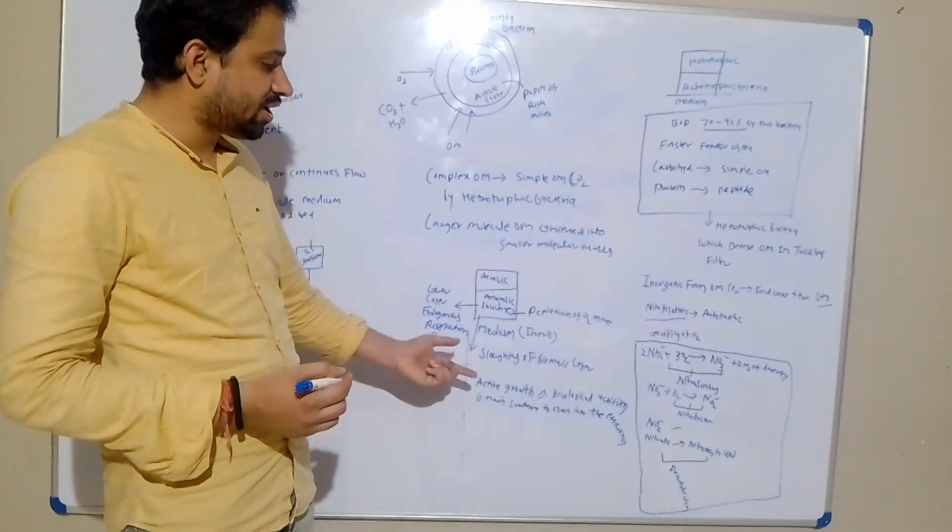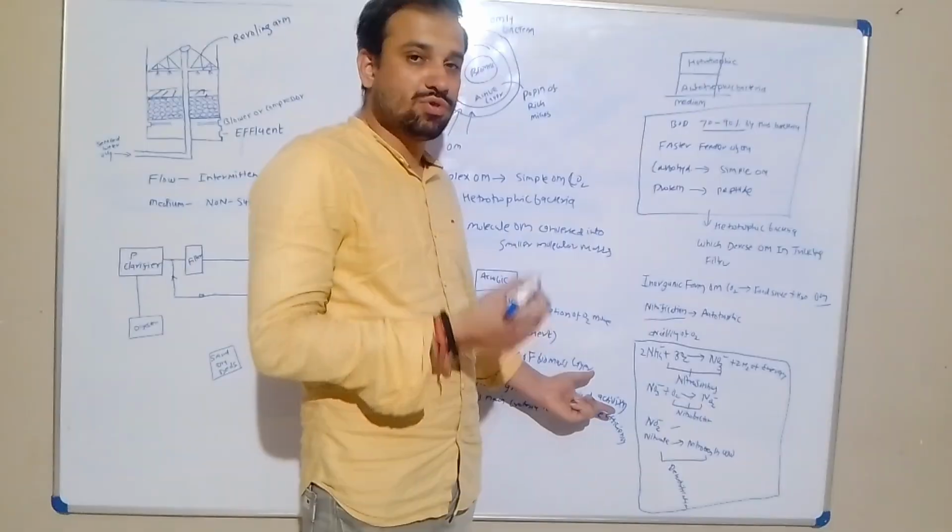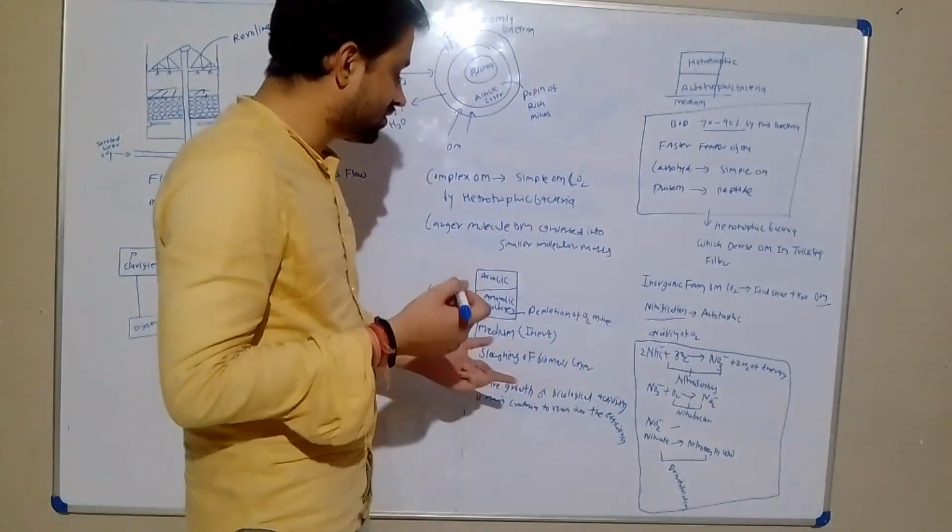So active growth of the biomass layer and biological activity happen when the temperature is in a controlled zone.